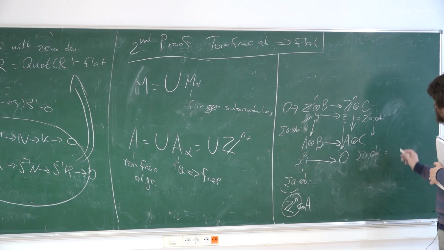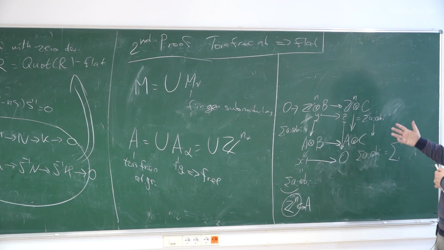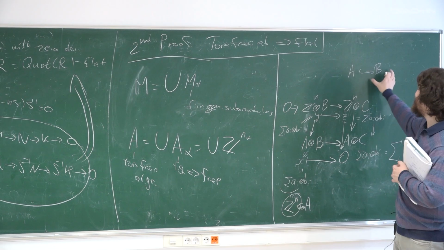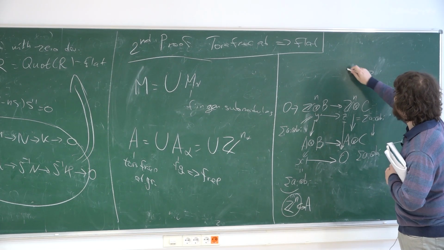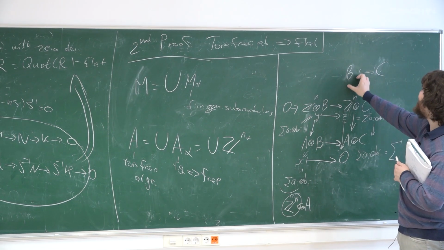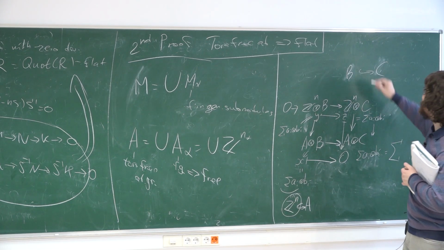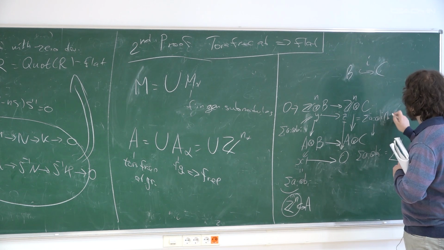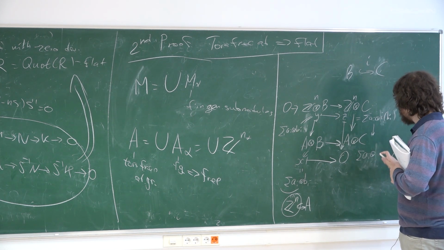Since B to C is an inclusion, I can identify elements of B as elements of C.